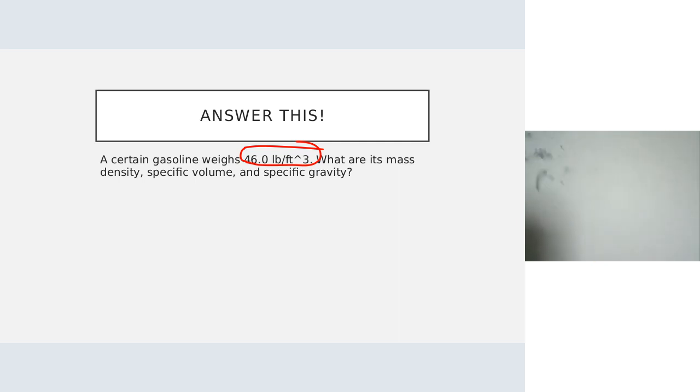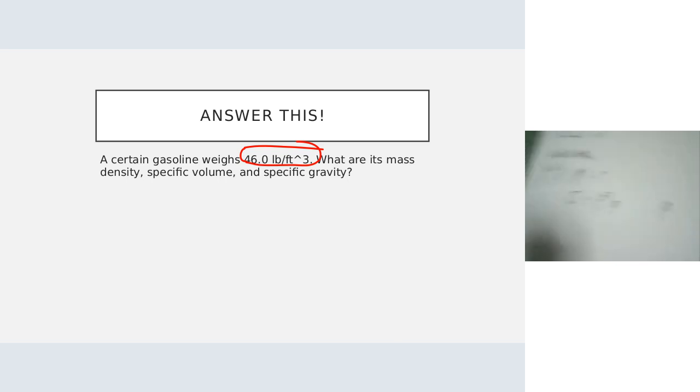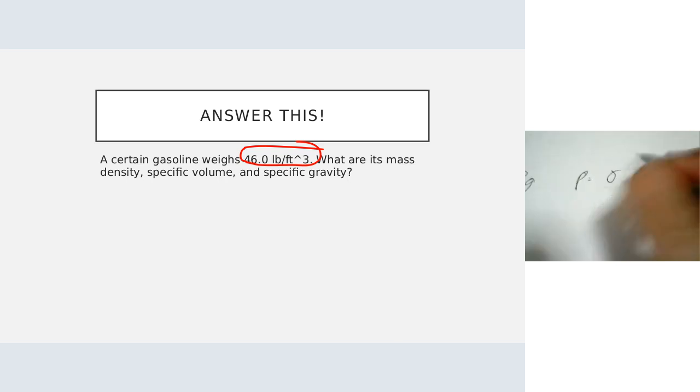Remember that we derived the formula for unit weight in relation to the mass density, and that is unit weight equals mass density times the gravitational acceleration. So we just have to cross multiply this g. So this will become mass density equals unit weight over g.